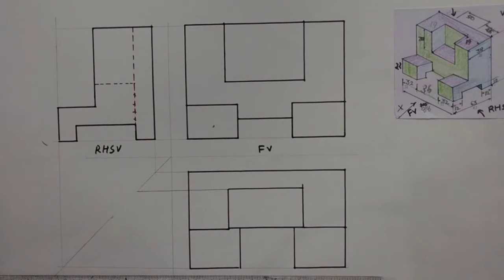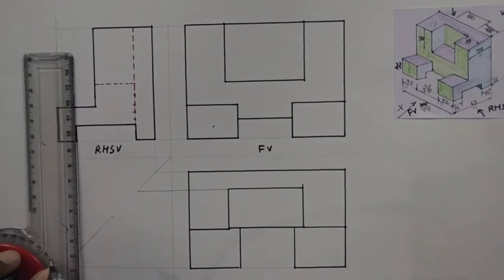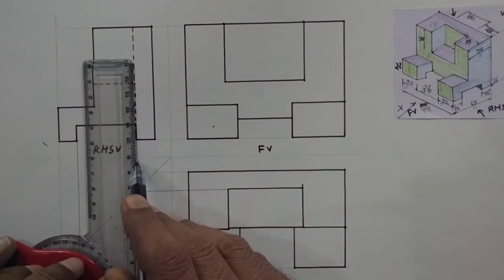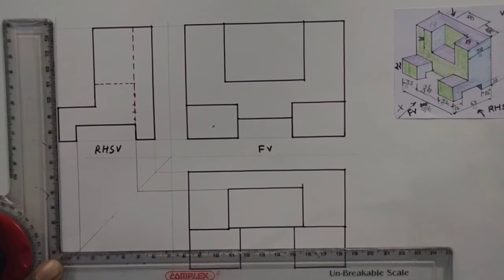So for that, I take the projection from the side view, because the channel is in our side view, and I draw the dotted line.